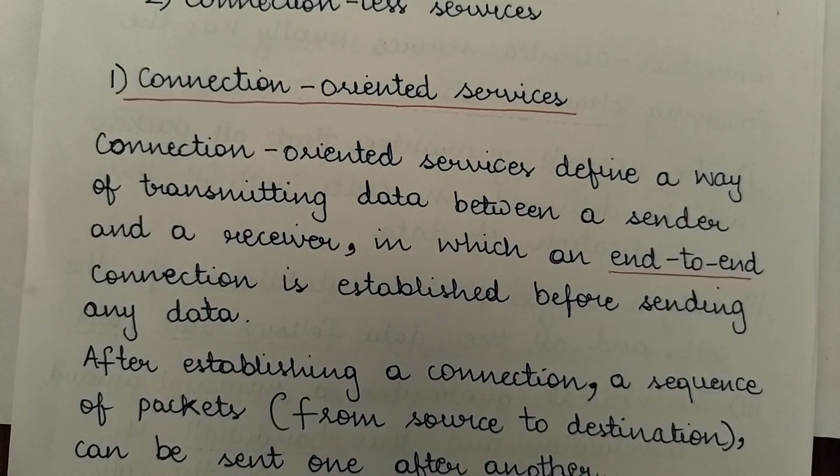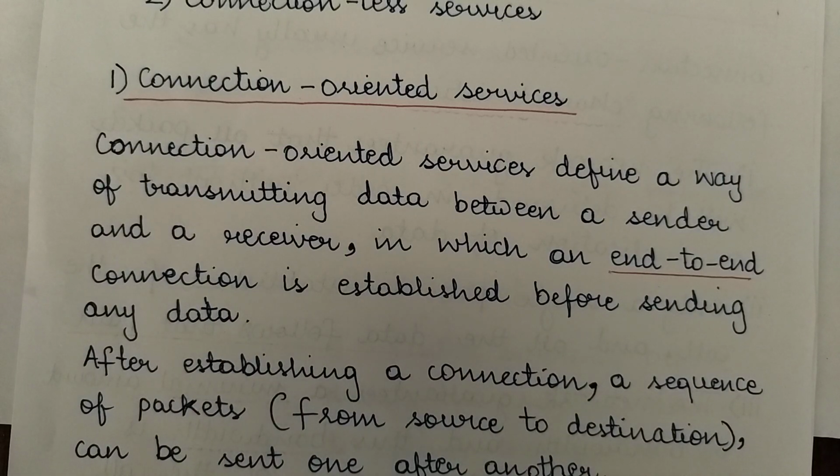Now, what do you mean by end-to-end connection? It basically means that the data from the actual sender to the actual receiver is successfully and reliably transmitted, and this is taken care of.